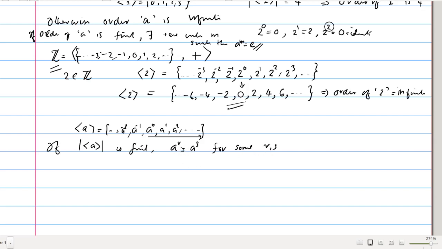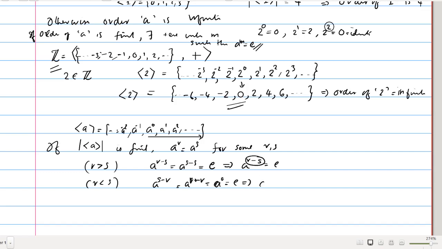Okay, from this, without loss of generality, we can assume R is greater than S. Then A raised to R minus S is equal to A raised to S minus S, that is equal to the identity element. So this R minus S is positive, and we get A raised to R minus S equal to E. The other case, if R is less than S, you can write A raised to S minus R equal to A raised to R minus R, that is A raised to 0, that is equal to the identity.